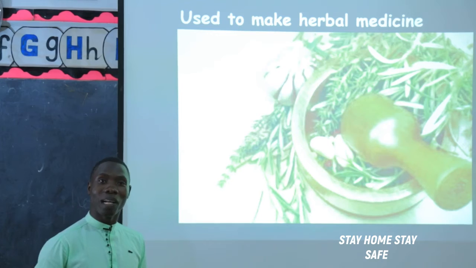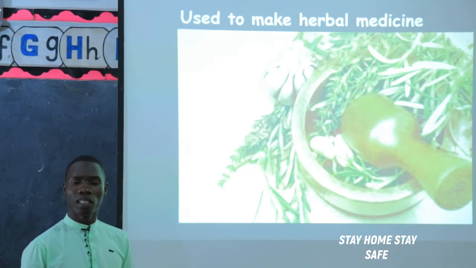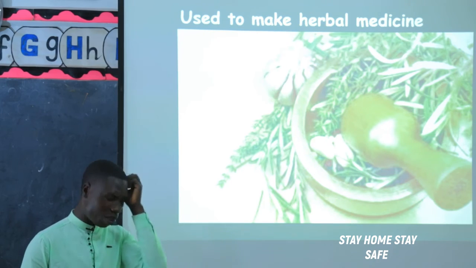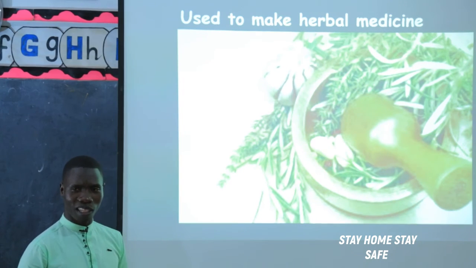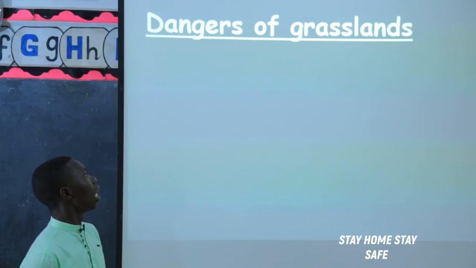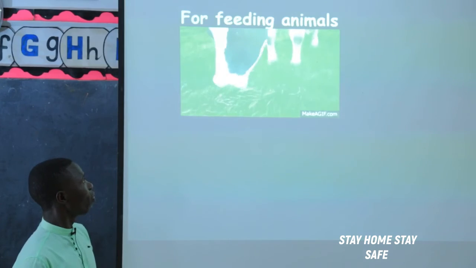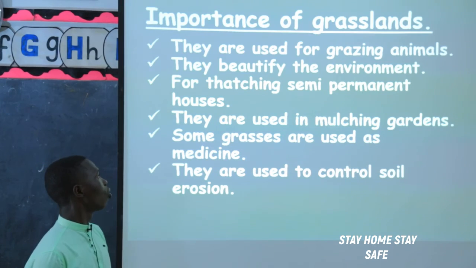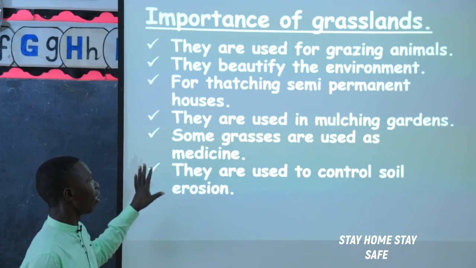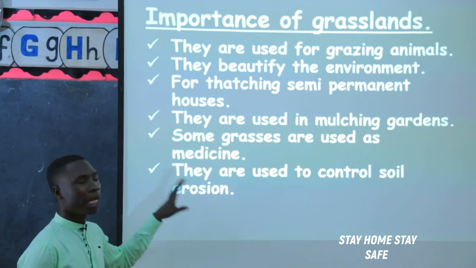So one time I'll ask you, how is grass important to a herbalist? Don't scratch your head and say, I've never heard of that question. Now friends, there are very many importance of grasslands or grass as we have listed them here. They are used to control soil erosion.